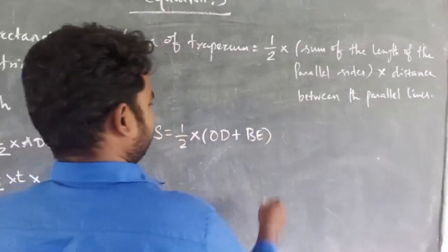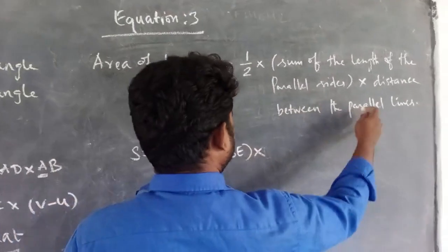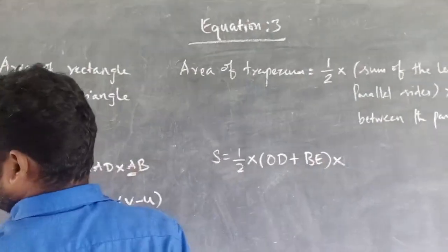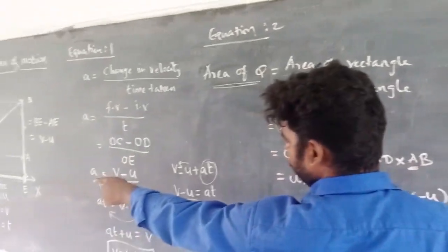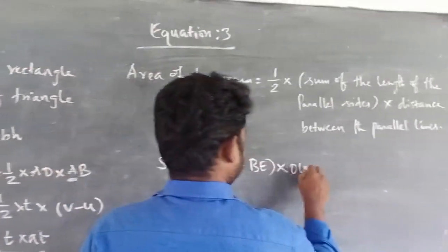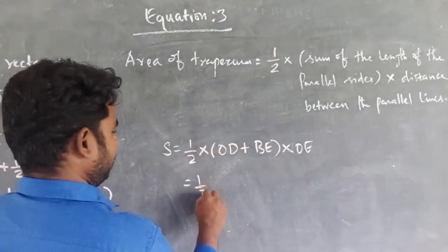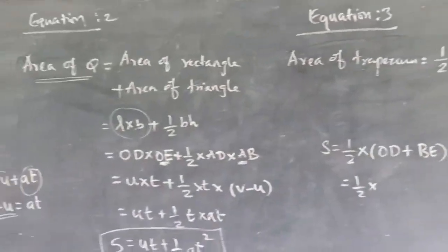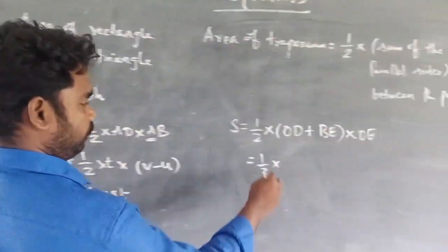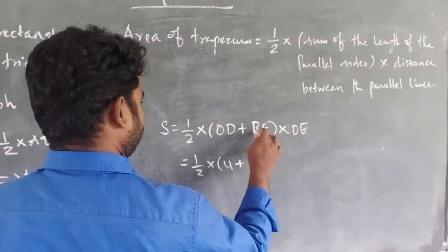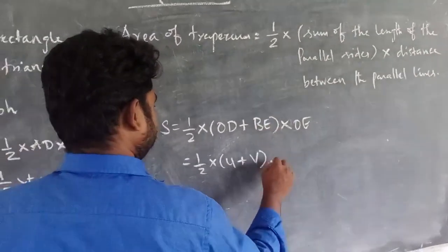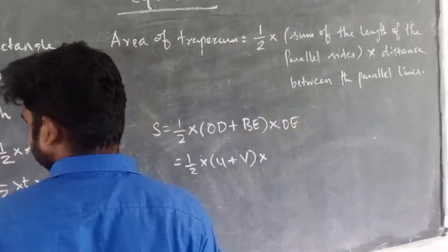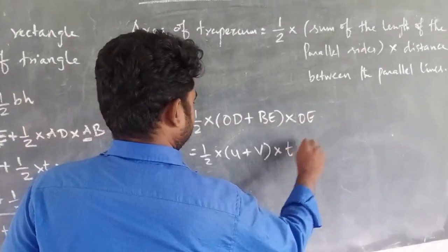Okay. Then the distance between the parallel lines is, see there, here, OE. So we can have 1 by 2 into value of OD.